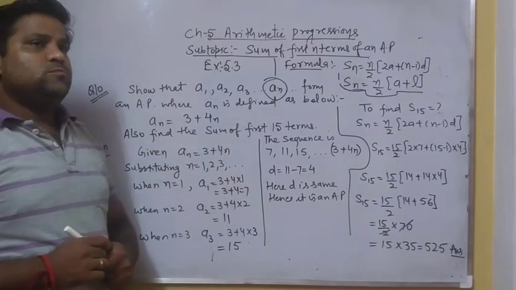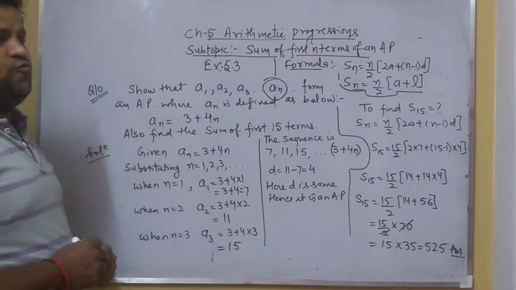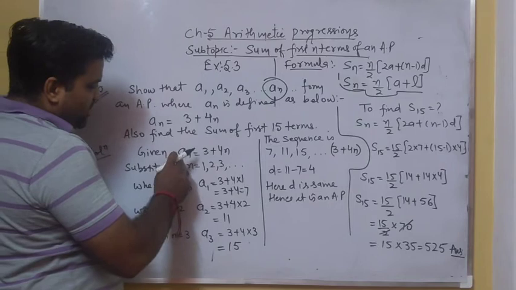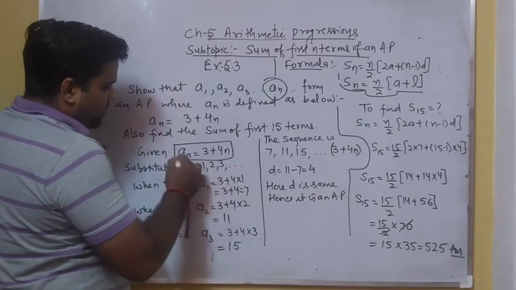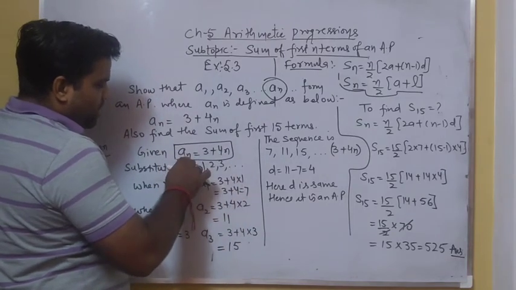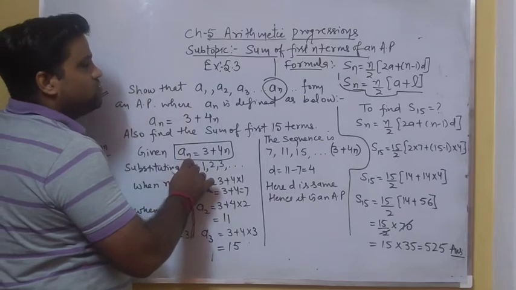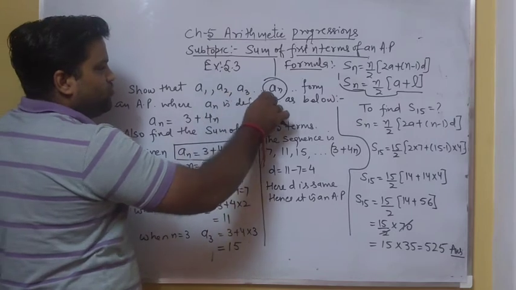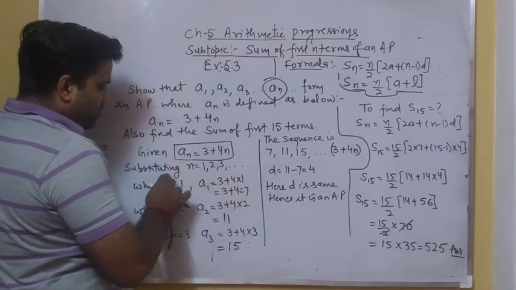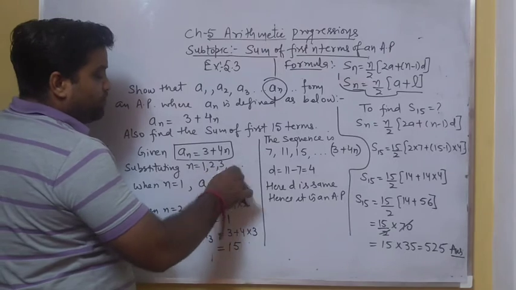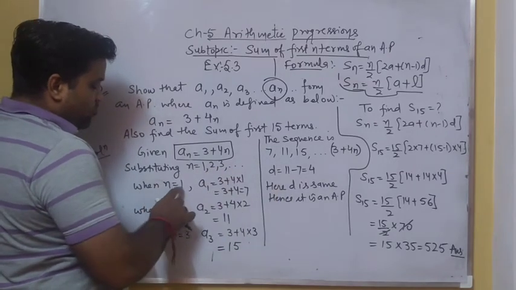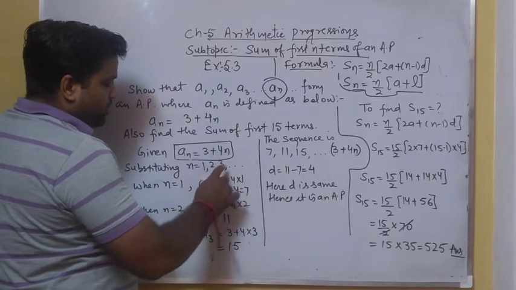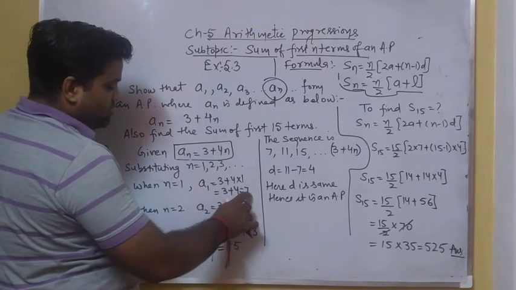Now let us come to the first part of the question, to prove that this sequence forms an AP. As the nth term is given by an equal to 3 plus 4n, here n represents a natural number, because the sequence starts with a1, a2, a3 up to an. So on putting n equal to 1, 2, 3 and so on: when we take n equal to 1, we get the first term, which is equal to 7.